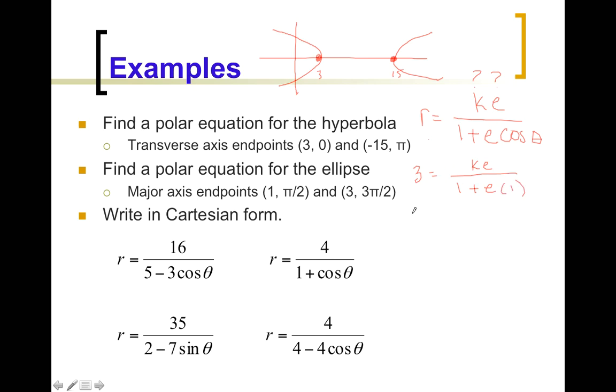And I'm going to get rid of this fraction by cross multiplying. 3 plus 3e equals ke. Then I'm given a second point, so let's use that second point. I know that r is negative 15 when I plug in pi.